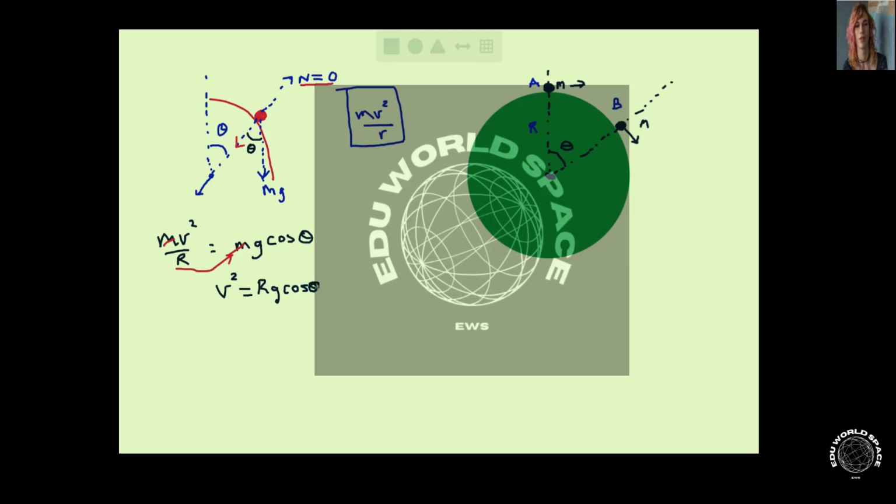So our next step is to say that we know that energy must always be conserved. So this means that whatever change in kinetic and potential energy occurs between point A and B must be equal. So we can say that delta KE is equal to delta PE.